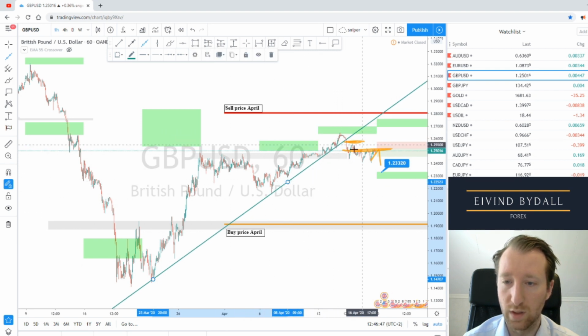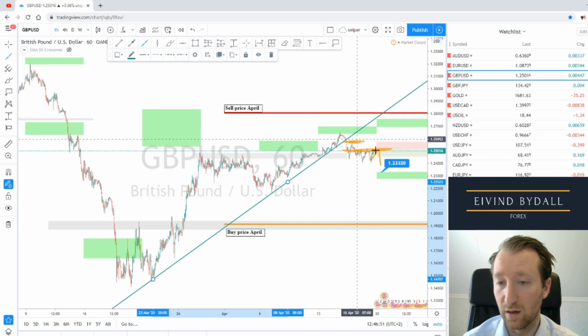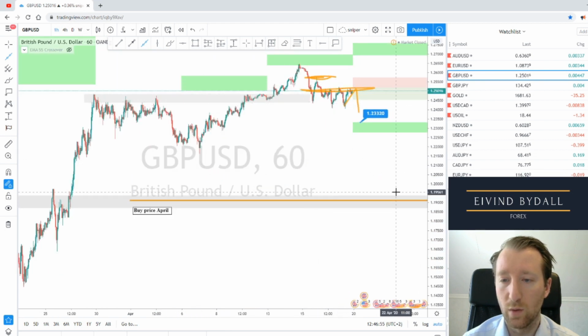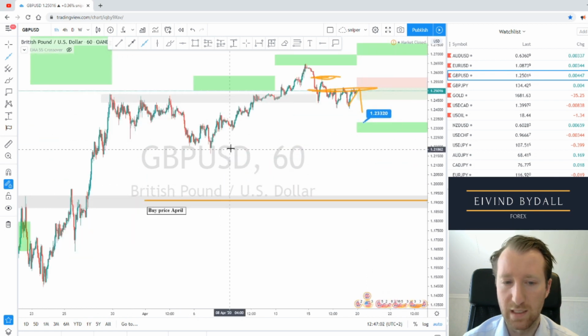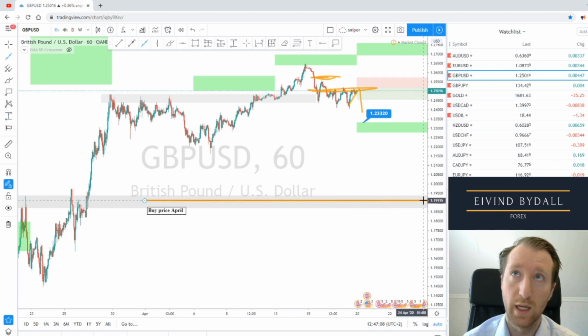It held, it broke, tried to get a pullback back to it, couldn't, and then it went lower after that. So I believe that once it goes lower, I don't know where, but we are definitely maybe going down to 119. That's at least my trade plan, and then we are looking for this one to continue until May.